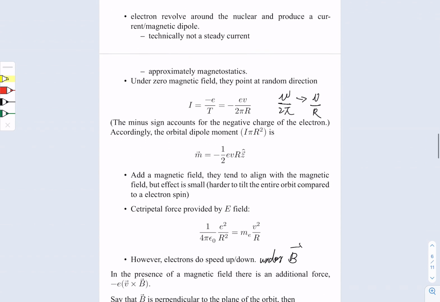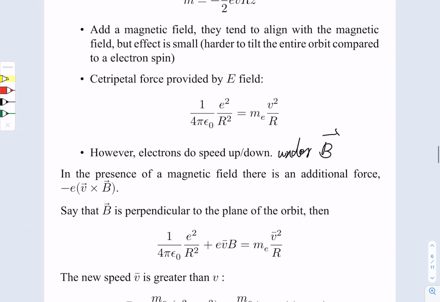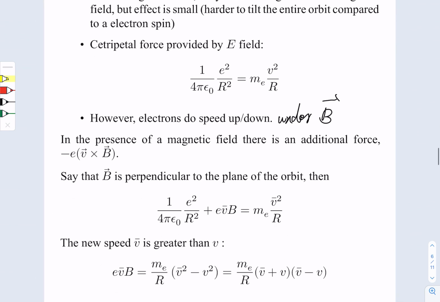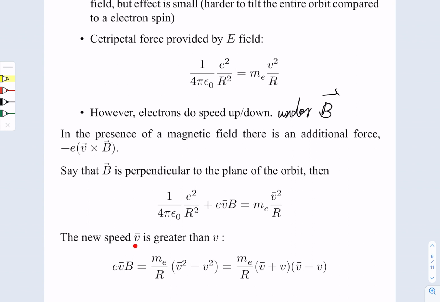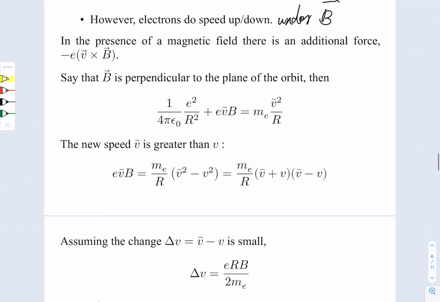And now let's say that the new velocity is v bar. So now we correctly identify that v bar should be greater than v, right? And that's because the centripetal force is added to this electrical force, with a positive sign. So for the new v bar, we can actually calculate it, and assuming that this is a small magnetic field B, then we can assume that this delta v is small.